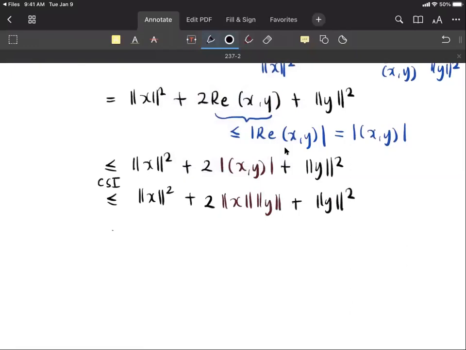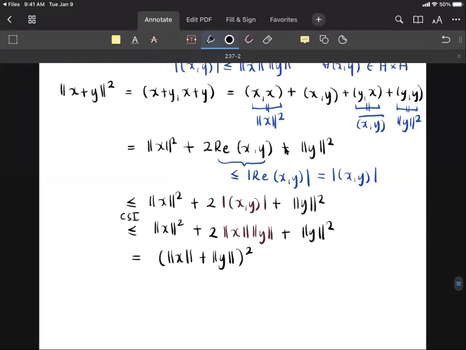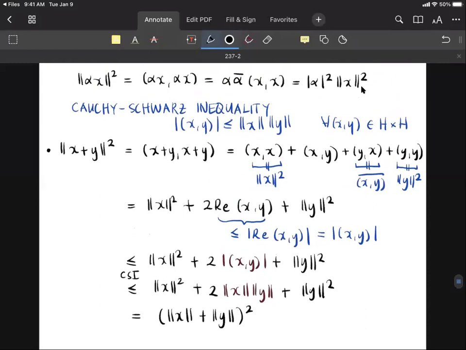And now you have a perfect square. So this is the square of the sum of the norms, okay? And if you see from above, after taking square roots, you get the triangle inequality. Okay.